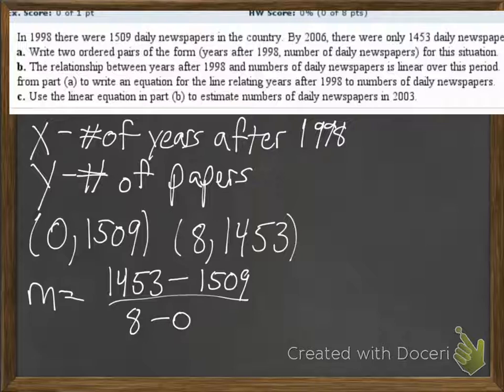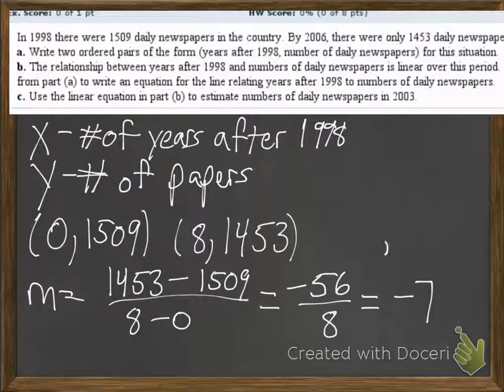So 1,453 minus 1,509. Quick check tells me that's negative 56. And that's over 8. So it turns out we actually get a nice whole number slope here. Don't count on that happening all the time. So we find our slope is negative 7.